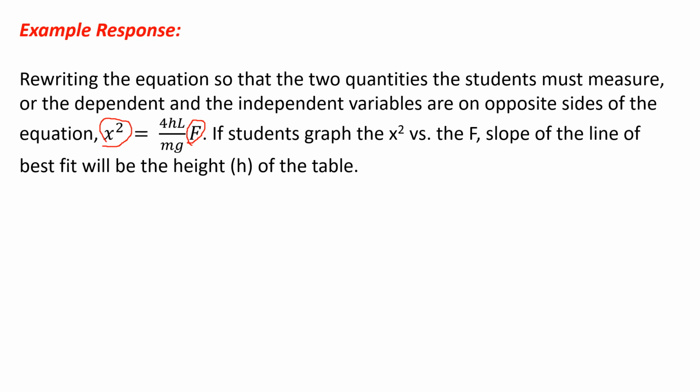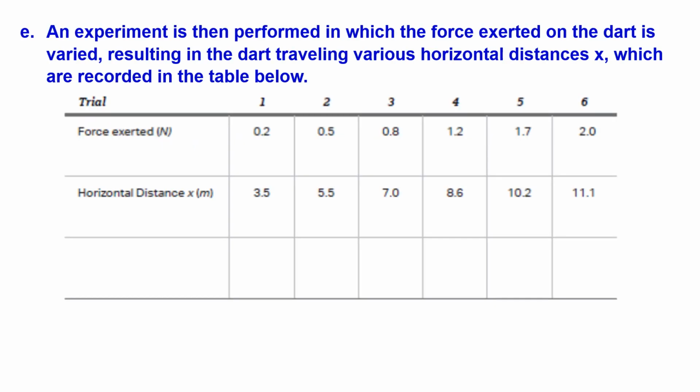So if I go to the next slide, which is actually section E, an experiment is then performed in which force exerted on the dart is varied, resulting in the dart traveling various horizontal distances x, which are recorded in the table below. So what's missing over here? x is irrelevant in terms of our graph because according to the equation, it's supposed to be the distance squared.